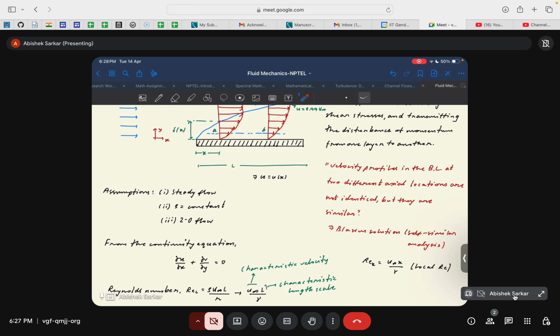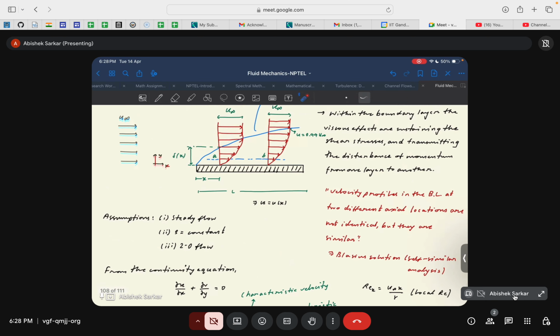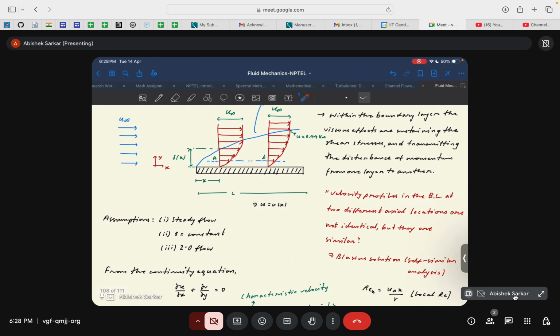And from this you get an idea that since the Reynolds number is not constant, and indeed varies continuously along the length of the plate, this type of flow over a flat plate is not a fully developed flow and is indeed a continuously developing flow.